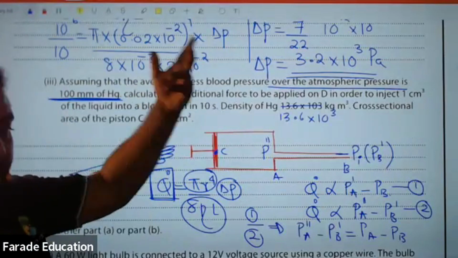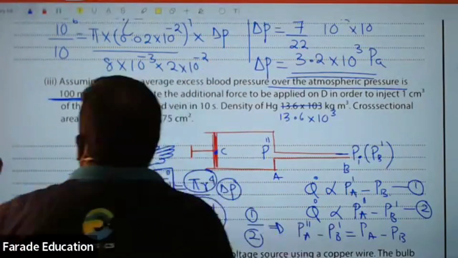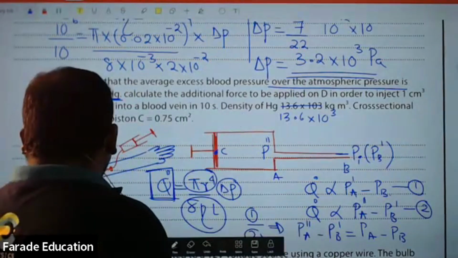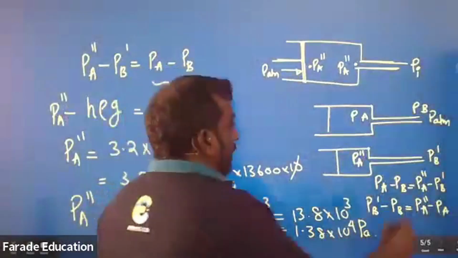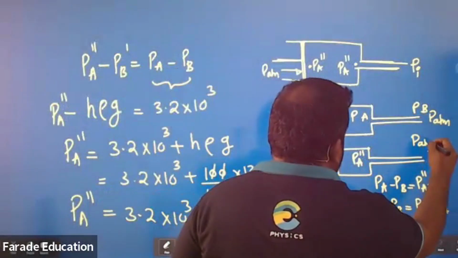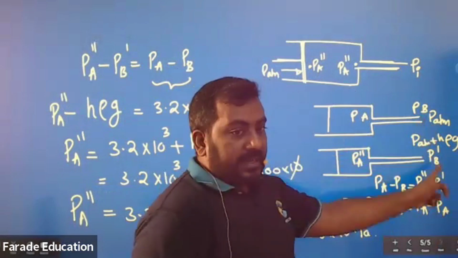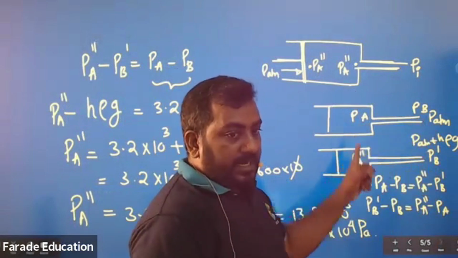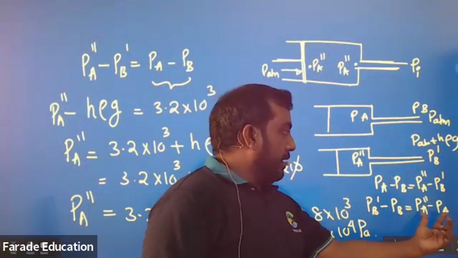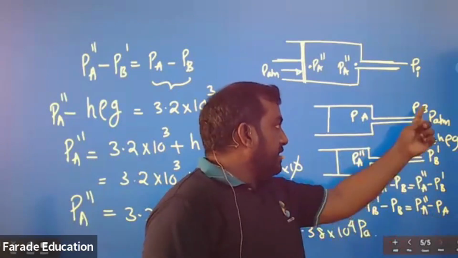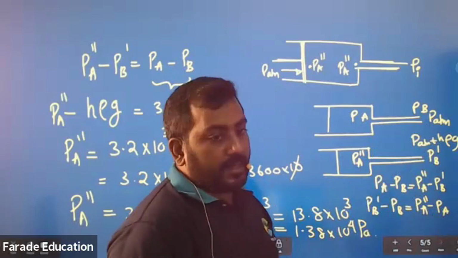That means PATM plus H rho G. So here it's going to be PATM plus H rho G. So the pressure increase here and the pressure increase there both are same. Here PA double dash minus PA and PB dash minus PB both are same.